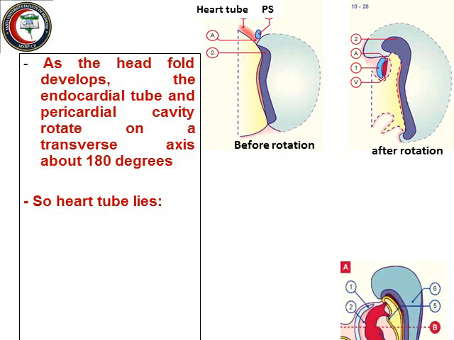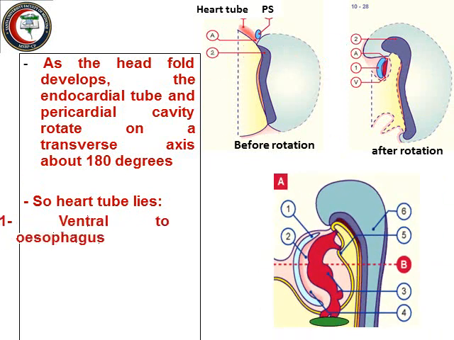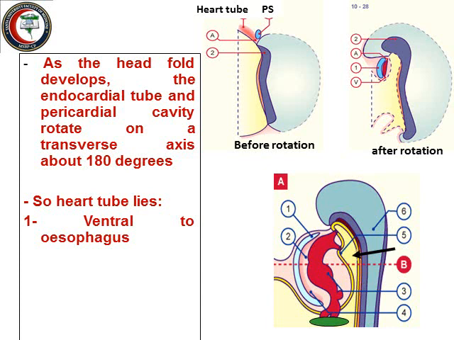So the heart tube is in the terminal position. It lies ventral to esophagus. Here you can see this is the esophagus developed from the foregut, lies in front of it, ventral to it. Number two, it lies below the developing mouth. Here you can see this is the buccopharyngeal membrane, and below it lies the developing heart tube.